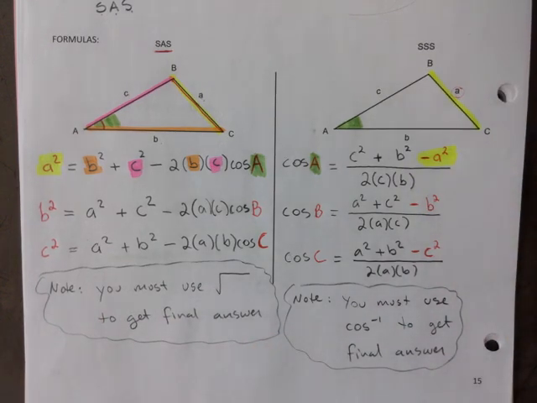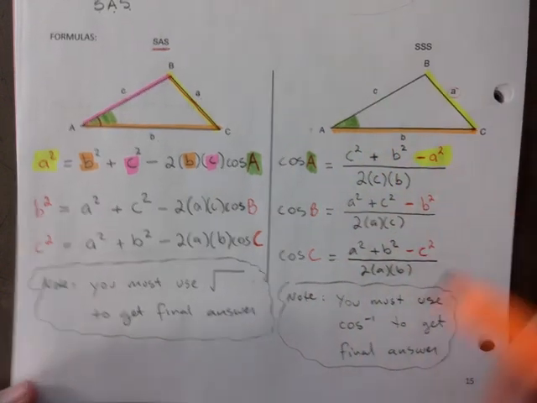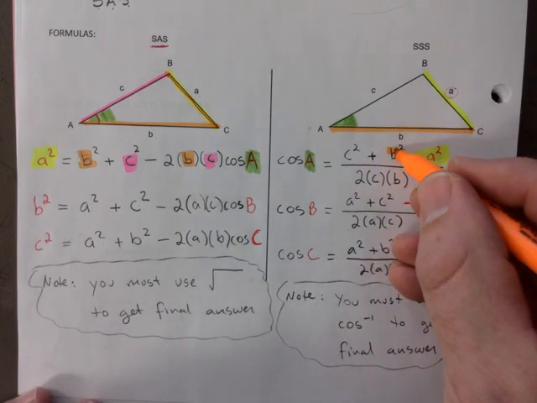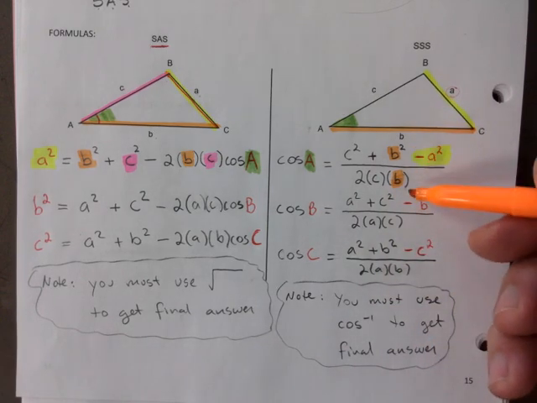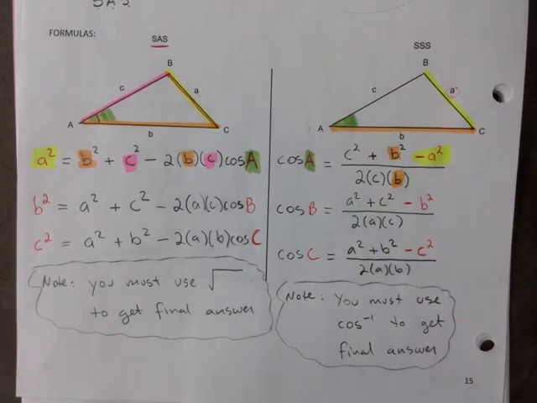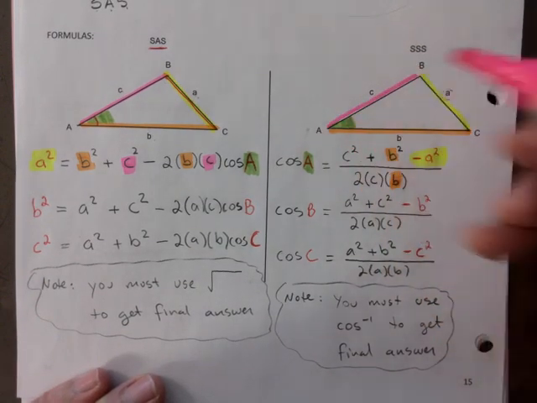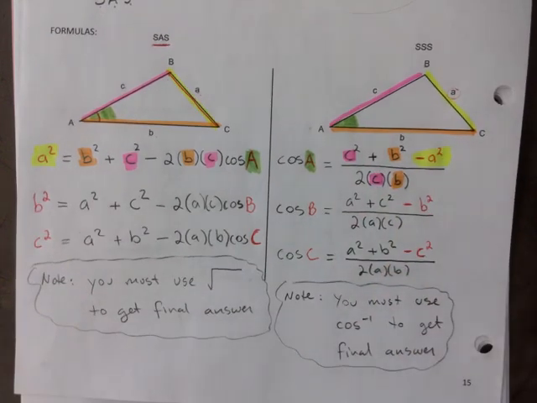Then the other two sides, I might as well use the same color. This side, which is B, shows up twice again. It's squared on the numerator, it's not squared down there. It shows up one more time here. The C, C and C. So there you have it.